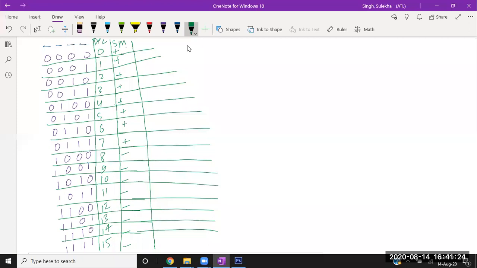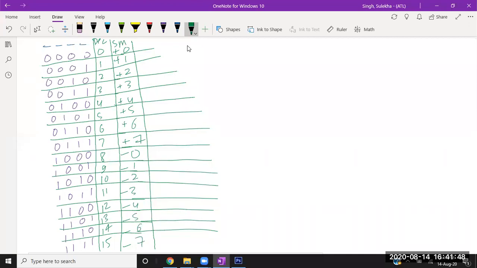So this is 0, because all the corresponding bits are 0, and that is plus 0. This is 1, this is 2, this is 3, this is 4, this is 5, this is 6, this is 7. And again, for the other half, this is minus 0, this is minus 1, minus 2, minus 3, minus 4, minus 5, minus 6, minus 7.